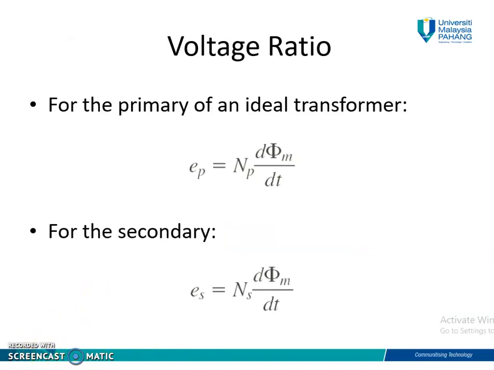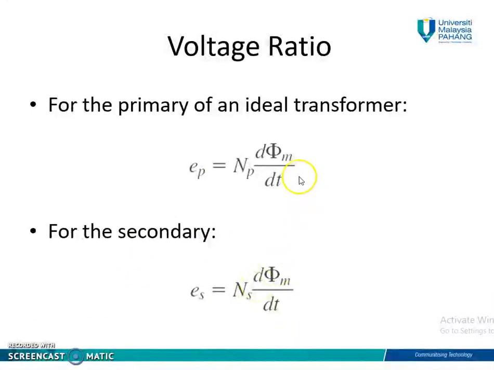Next is voltage ratio. This equation is for the primary winding of an ideal transformer, and this equation is used to calculate the voltage induced, which is the EMF, in the secondary winding of the ideal transformer.